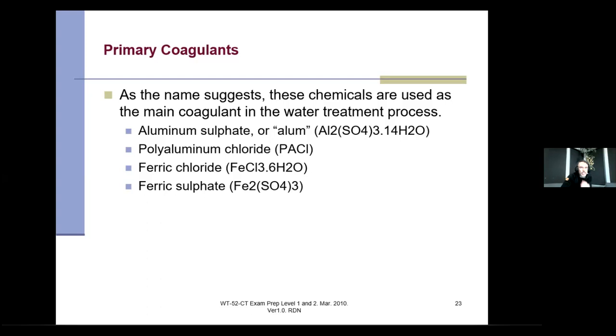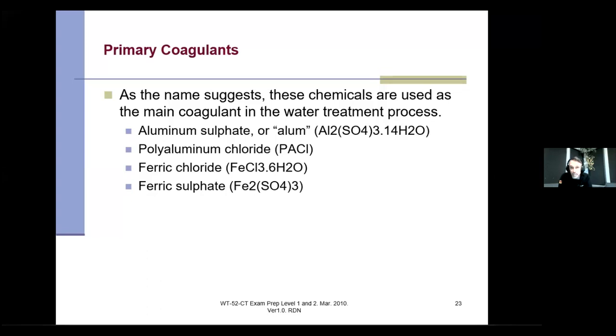So there's a question there about the standard length of a pipe in which coagulation has to take place. There's no real standard to it, it depends on how you're going to mix it.